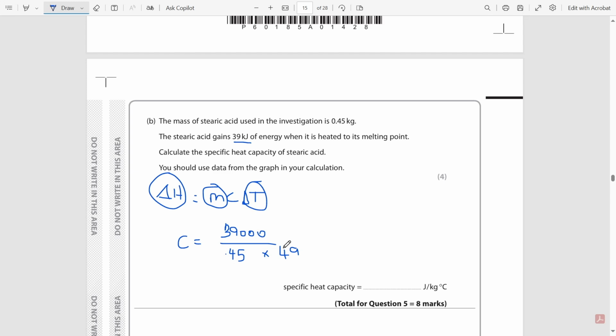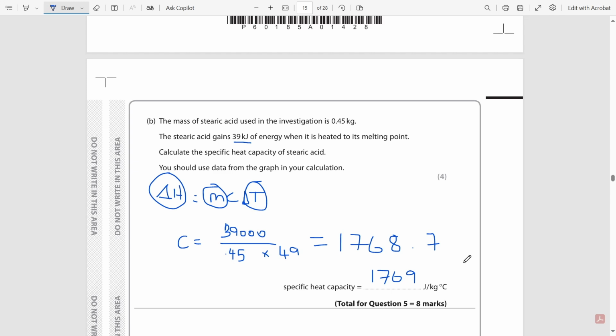Okay, so I got 1,768. I'm gonna put 1,769 because it's got 0.7. Also, if you look at mark schemes, usually you see that they want you to round it to like 1,800.